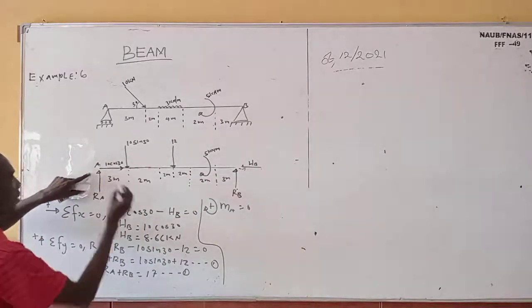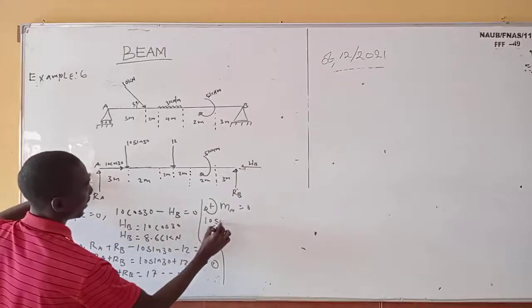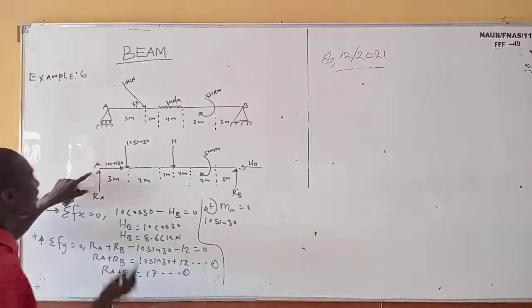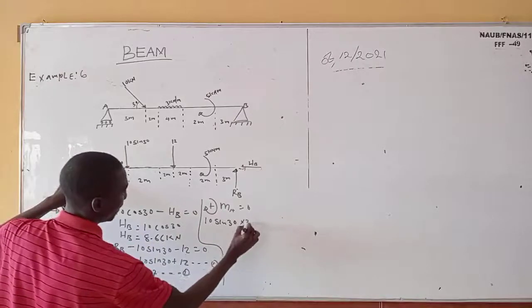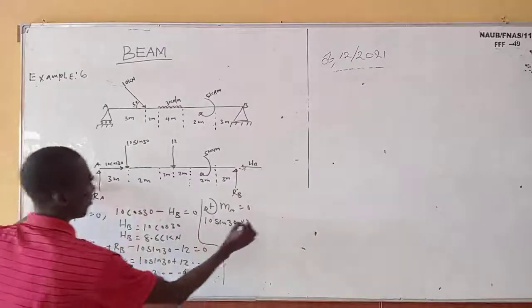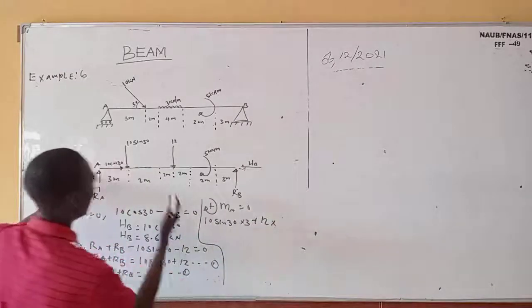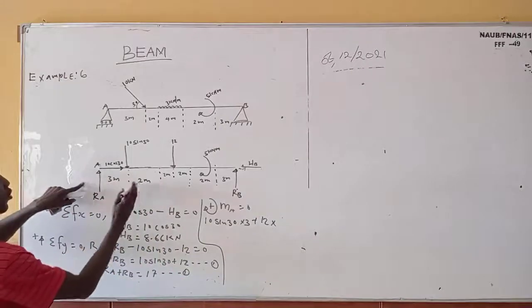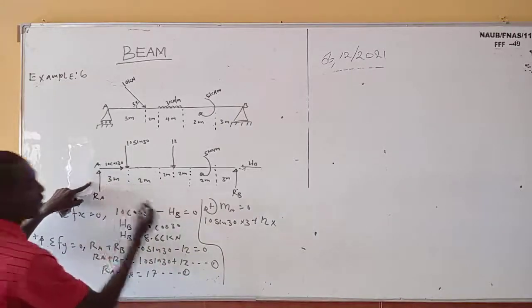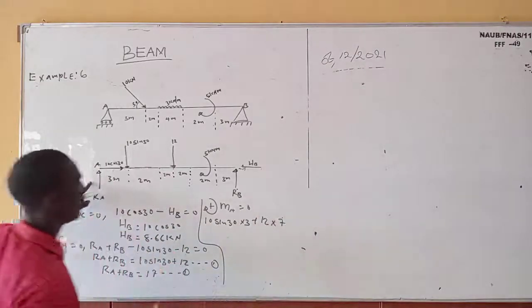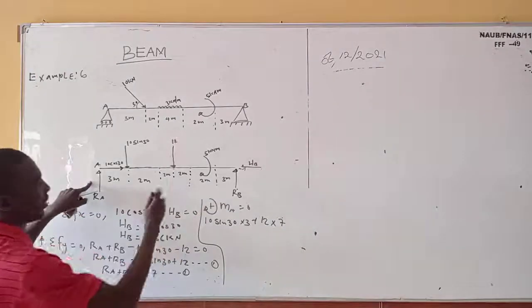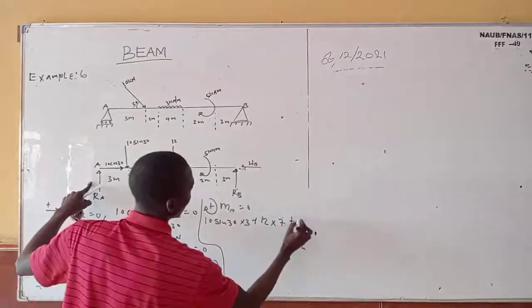So let's start with this. This one will be 10 sine 30 times the distance, which is 3, plus 12 times the distance it covers, which is 2 plus 2, 4, plus this is 7.